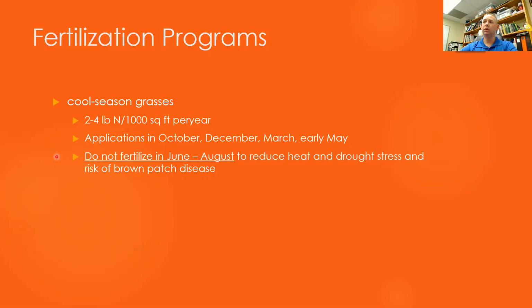So if you put nutrients out in July for a cool season yard that you're watering every day, it's not really going to be effective at all. So try not to do it, and you're going to increase your likelihood of brown patch disease and a lot of other fungal diseases, which last year almost did us in. This year, you know, hopefully we dry out a little bit. So don't overwater.